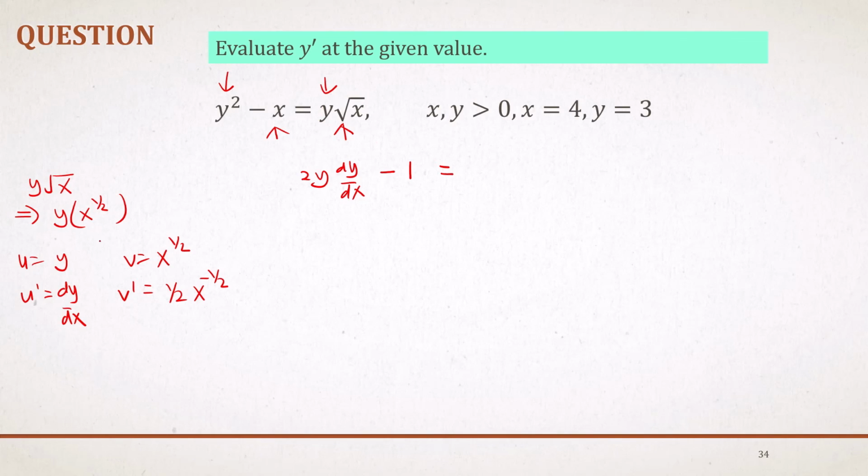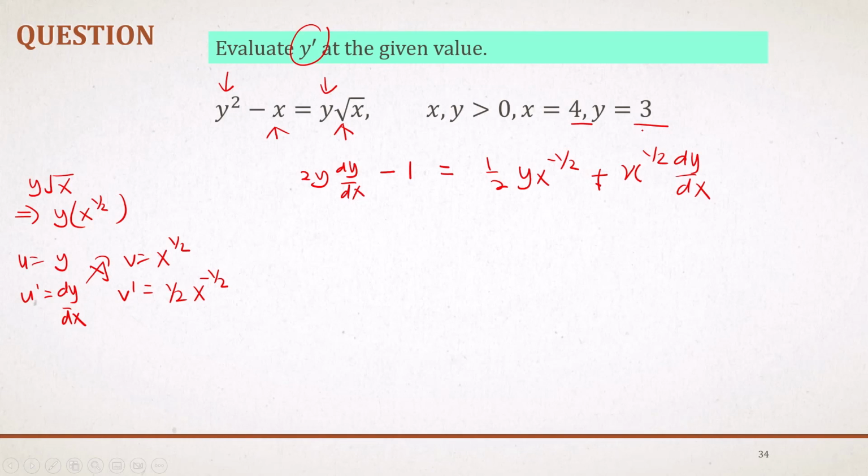Okay, for the differentiation of this one, I can use the product rule. So I have a half y x^(-1/2) plus x^(1/2) dy/dx. Because this particular question is asking to evaluate y' at the given value where x equals 4 and y equals 3, it means that I do not need to collect my dy/dx.